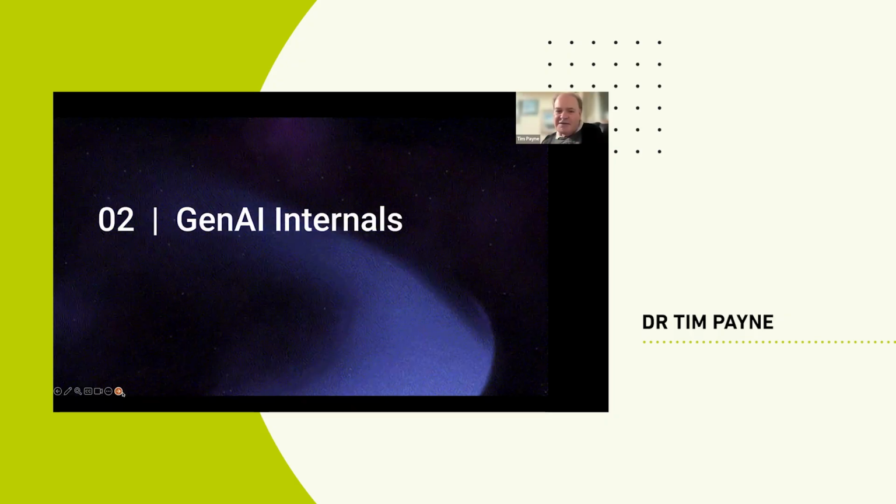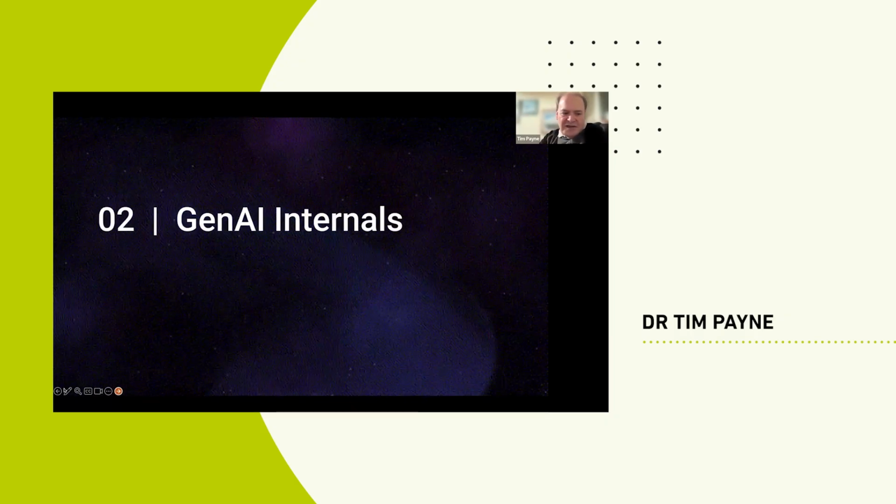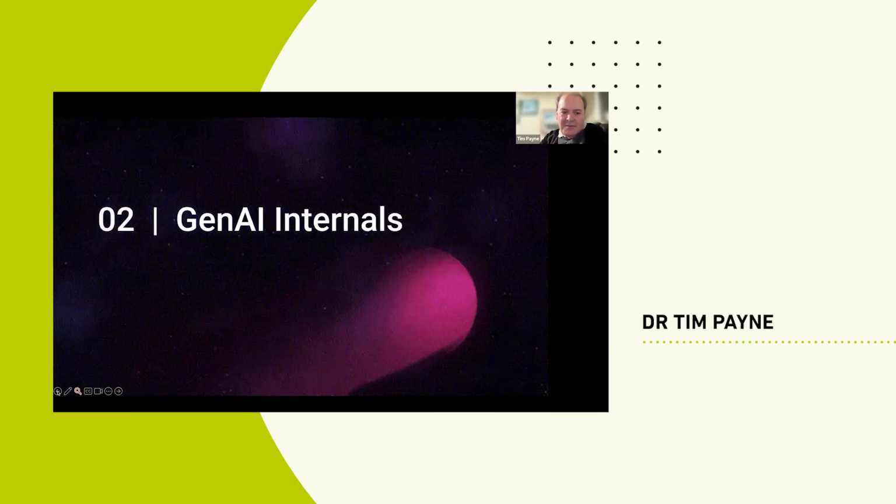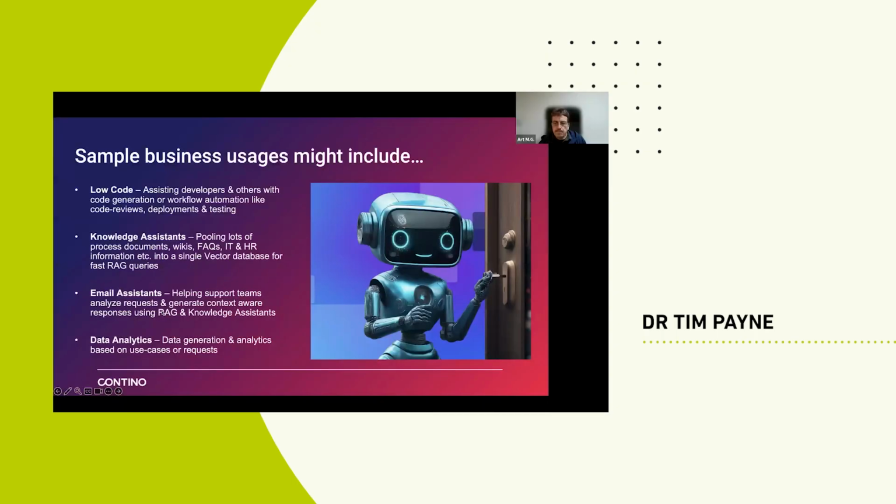Well, when I was talking about that, you remember I was mentioning the knowledge assistant and the emails assistant. One of the things that we did for that was we integrated into the problem management systems, so the IT ticketing systems, and we actually used that to understand common scenarios related to the problems that people had.